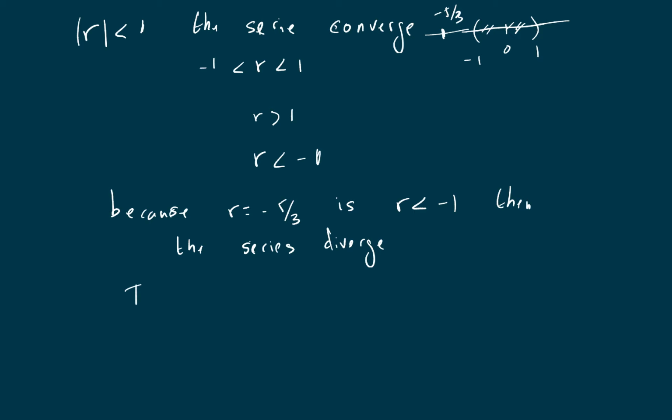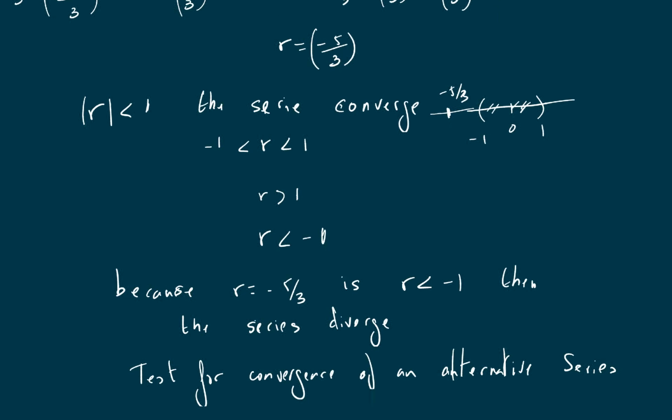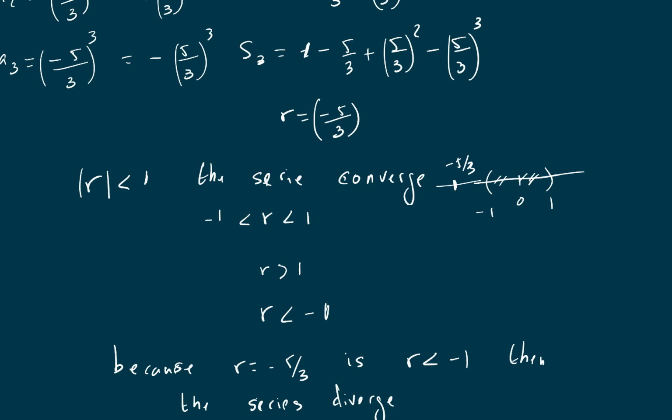So this is the test for convergence of an alternating series. This is an alternating series. This is positive, negative, you see? Positive, negative. So this is an alternated series.